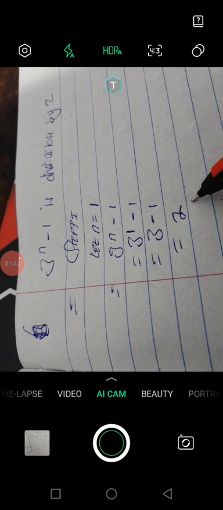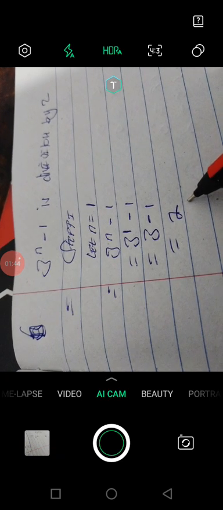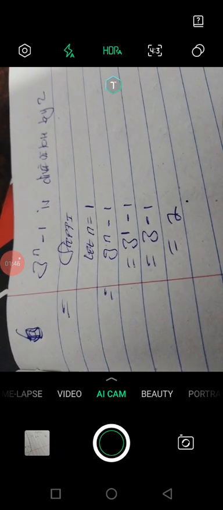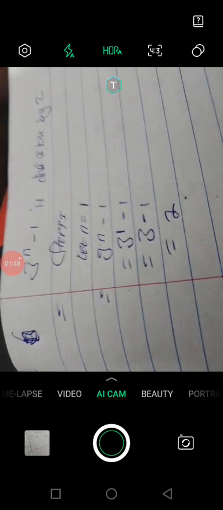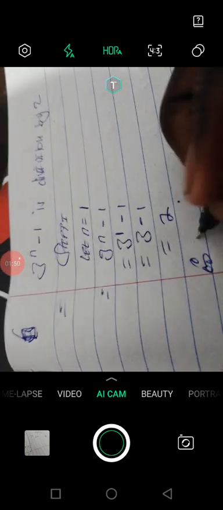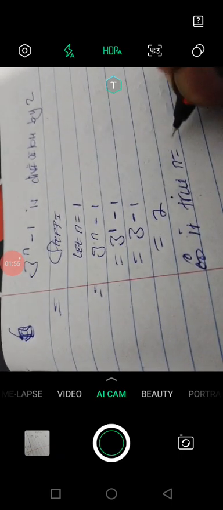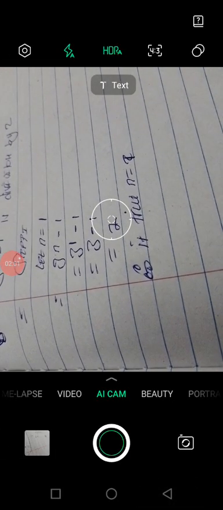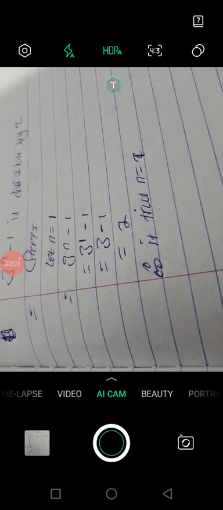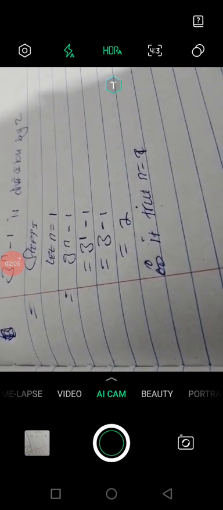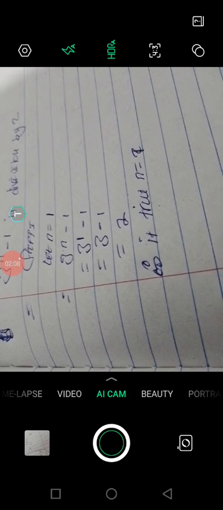This 2 is divisible by 2, the same 2 that has been given. So we say, therefore, it is true for n is equal to 1. Please note that this is an assumption that you have to develop: n is equal to 1 if no condition has been given.